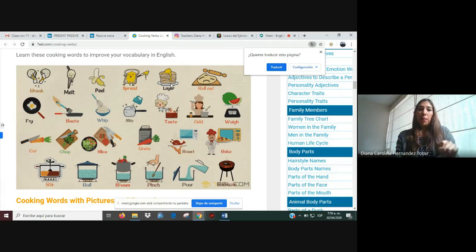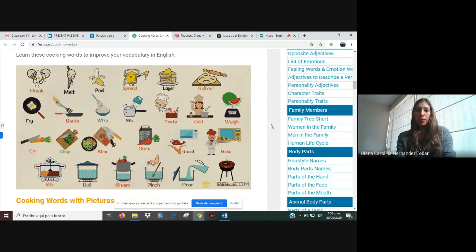But if we talk about cooking, we can also use this as a verb. So as a verb it would be to have different layers on a dessert or something like that. Or here, I think they are like pancakes. So you have here all of these verbs, and you have examples of how to use them.